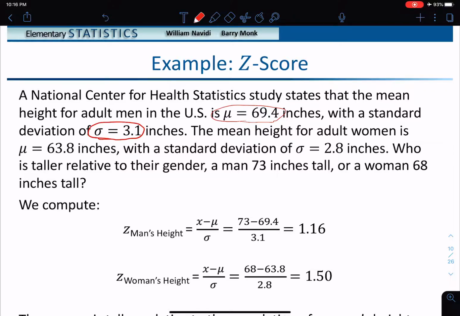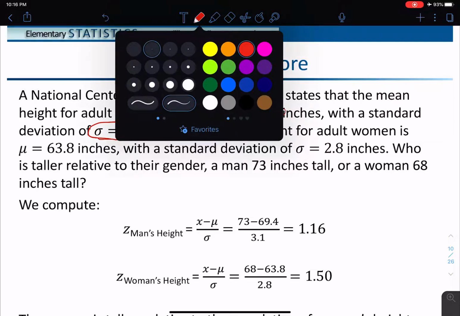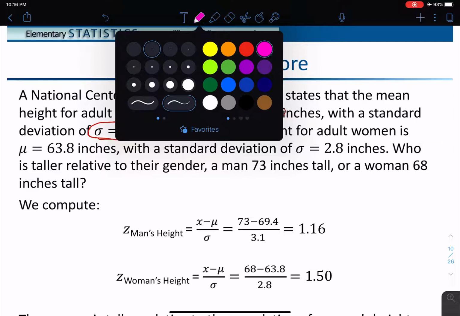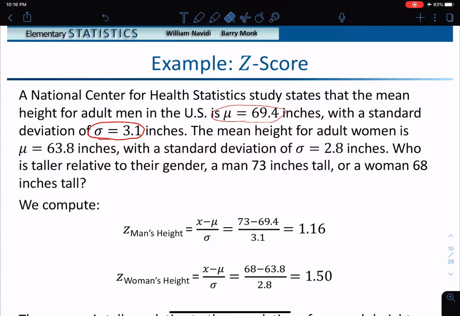The mean height for adult women happens to be, do I use pink? Green, whatever. Okay, so the mean height for adult women is, there it is right there, 63.8 with a standard deviation of 2.8.